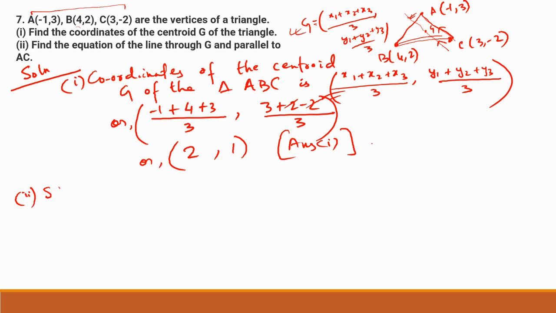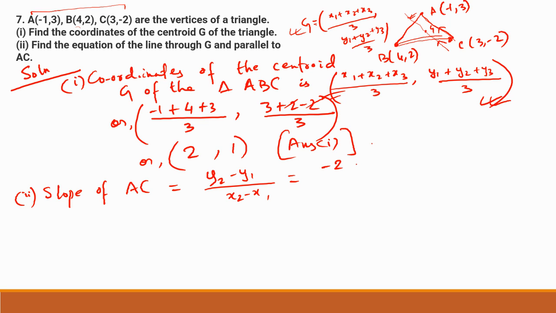All right. So the slope of AC equals y2 minus y1 divided by x2 minus x1. It's better to write this formula, because the teacher expects you to know it.